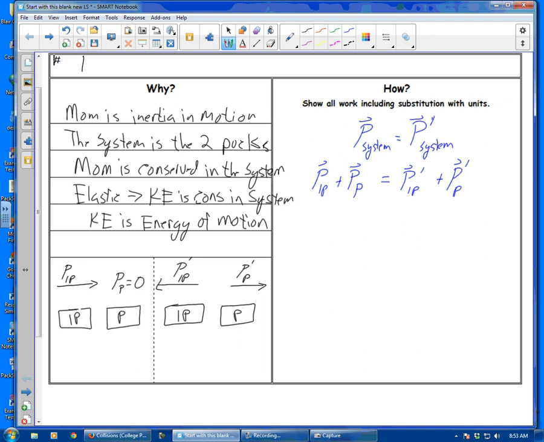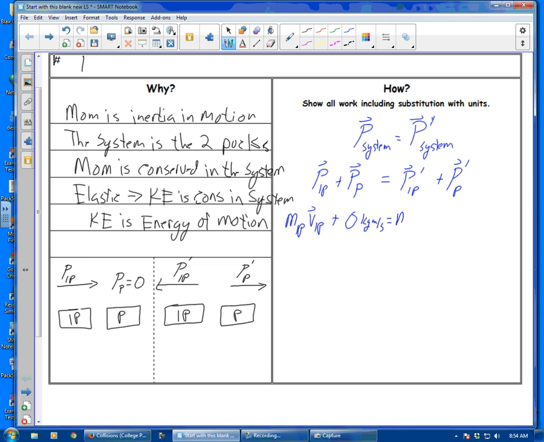And now I can use my fact that momentum is inertia in motion. And so that means the momentum of the ice puck beforehand is the inertia of the ice puck times the velocity of the ice puck. I know the momentum of the puck before, that's 0 kilogram meters per second.